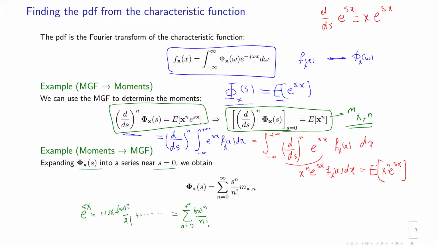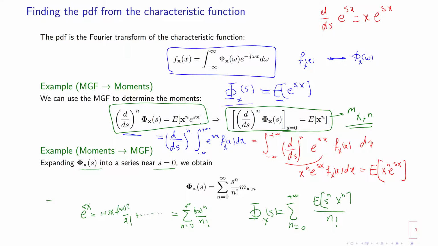If I take the expected value of both sides, this side will become phi x of s, and the other side gives me phi x of s equal to the summation over n equal 0 to plus infinity of mean of s to the power of n x to the power of n divided by n factorial.